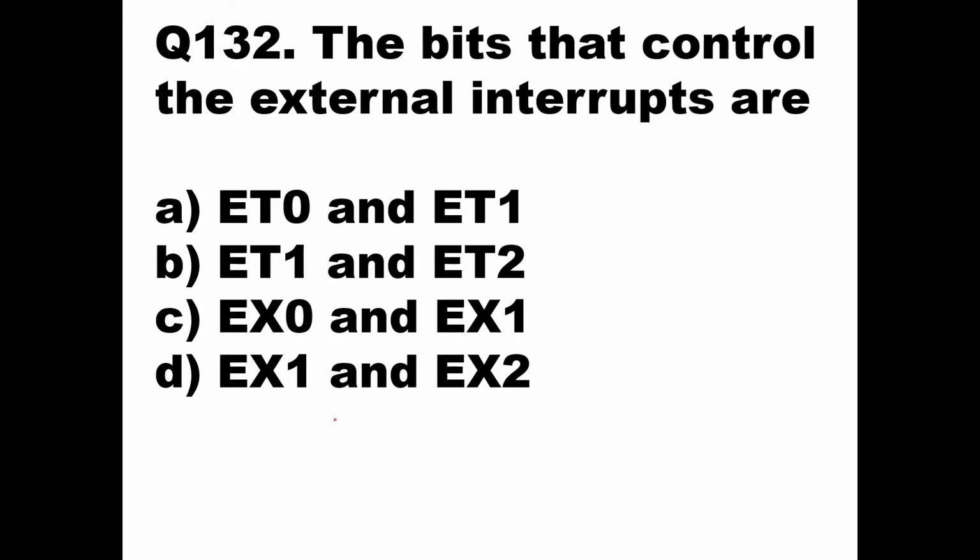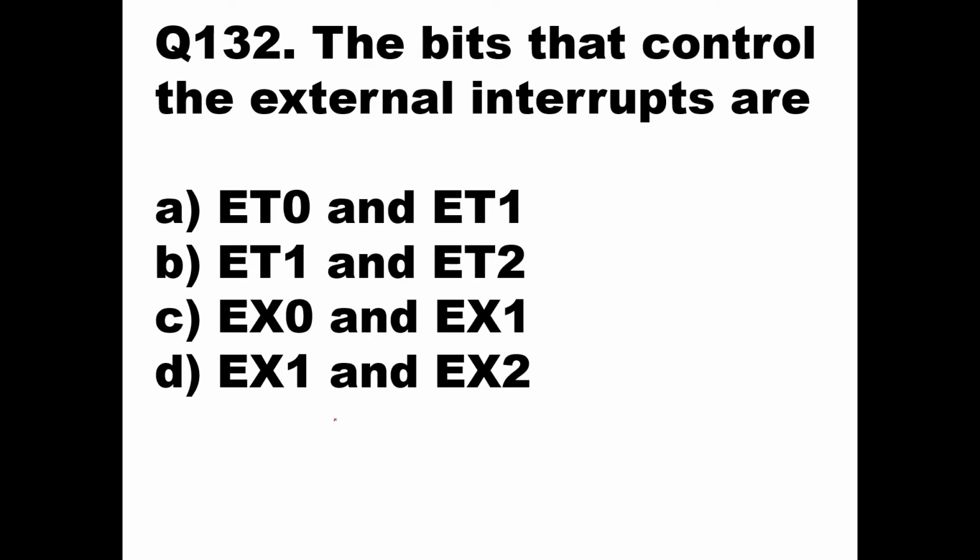The bits that control the external interrupts are which one? Options are ET0, ET1, then ET1, ET2, then EX0, EX1, and then EX1 and EX2. Now these are the bits of your interrupt enable register.